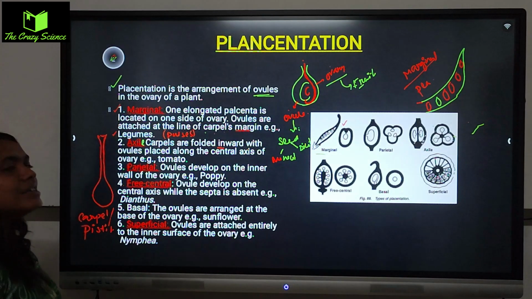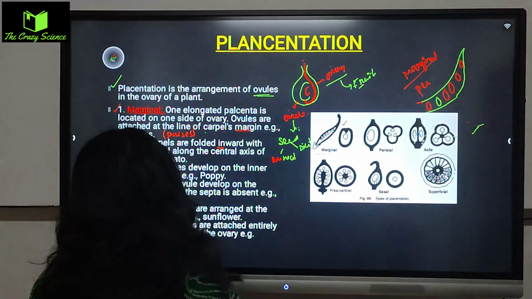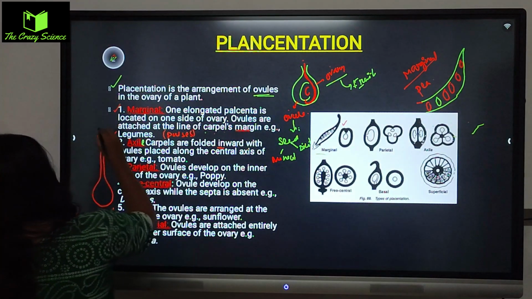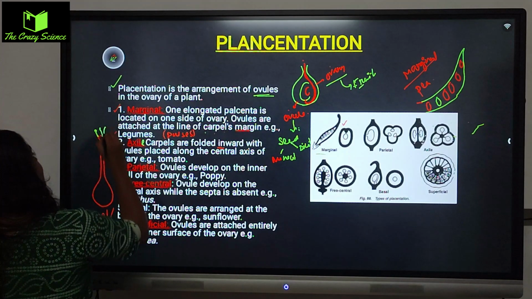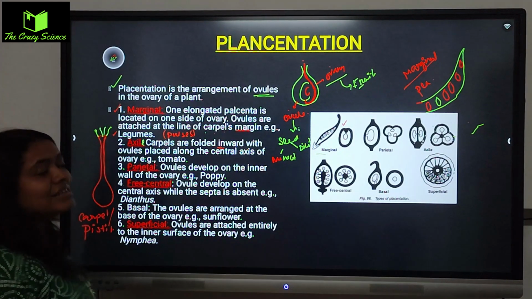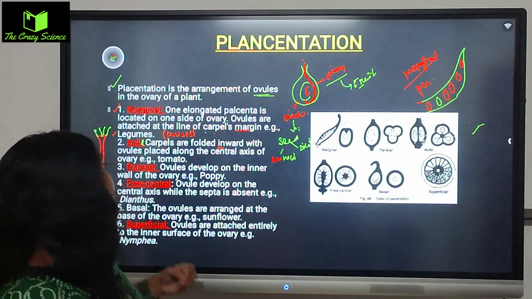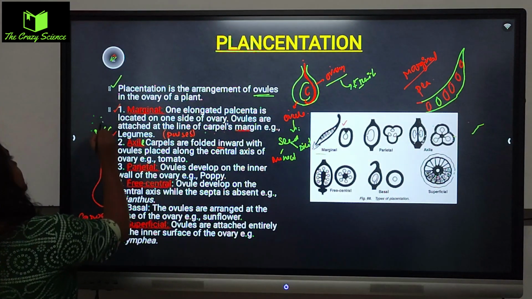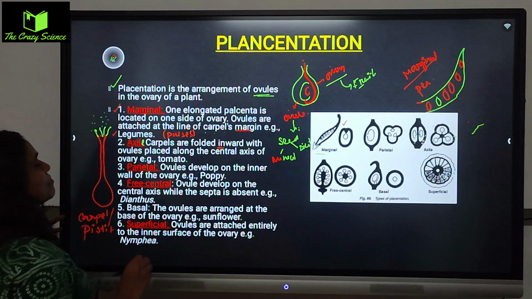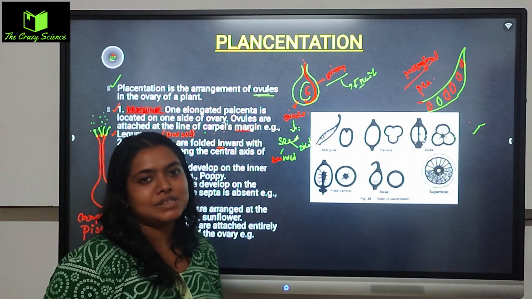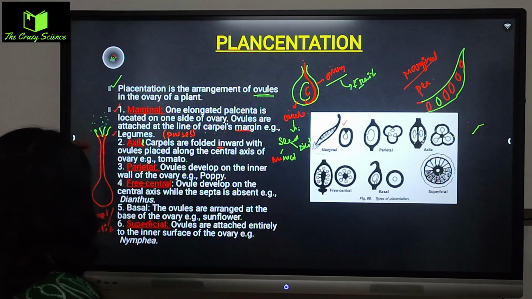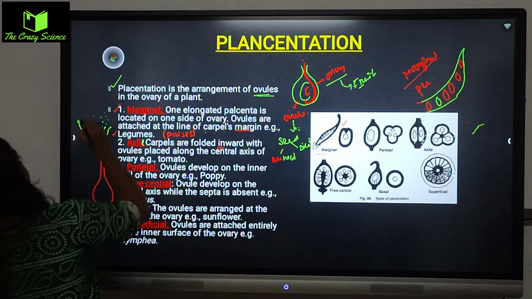The upper portion of the carpel is called the stigma. Why stigma? Because pollen grains stick to this part, and this is how the fertilization happens.